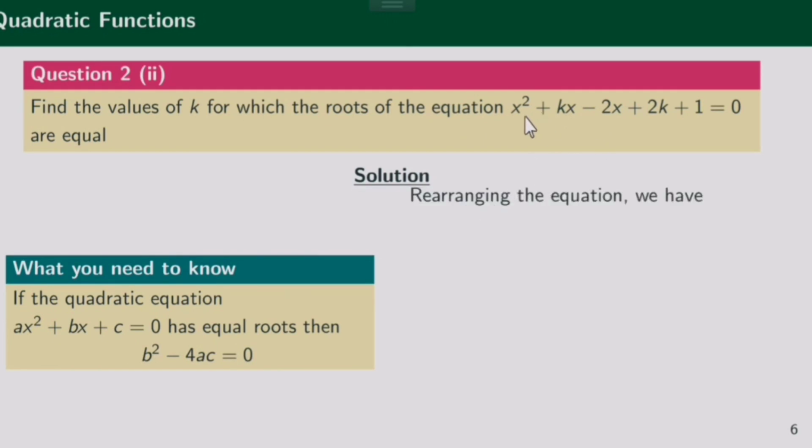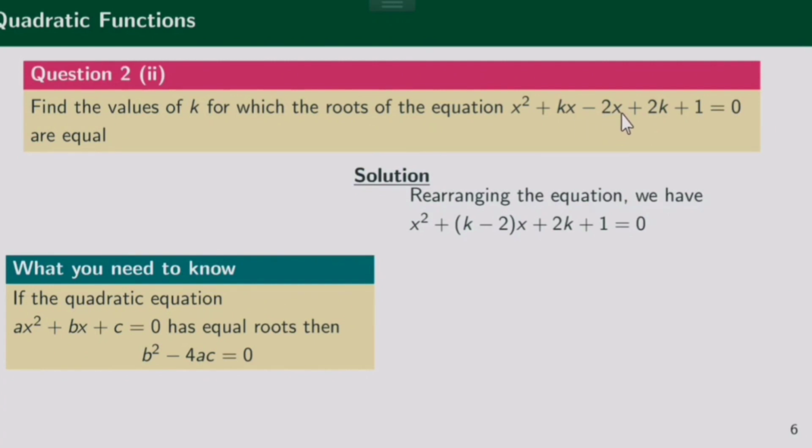So I have some work to do. I need to rearrange this equation to look like the standard form of a quadratic equation. So notice that these are terms in x. So x is common. I can factor out x.